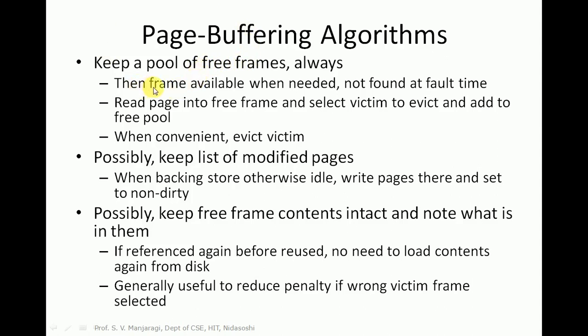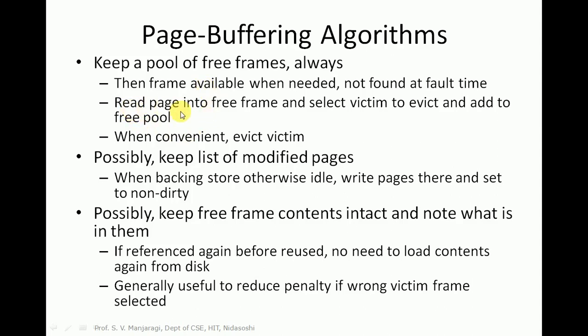Then a frame will be available when needed, and if it is not found, a page fault occurs. If there is a free frame available in the buffer, it can be allocated to the page. If a free frame is not available, then we need to go for replacement.